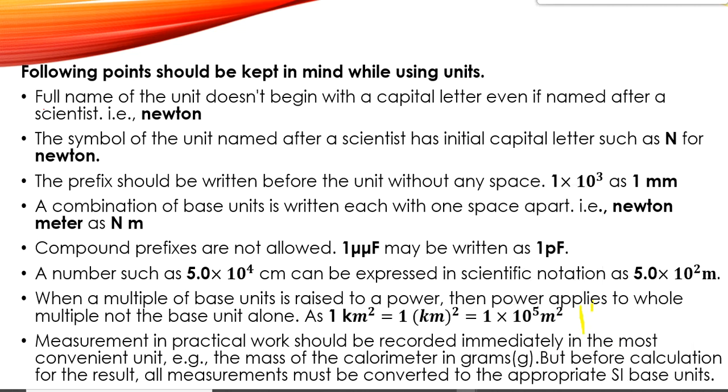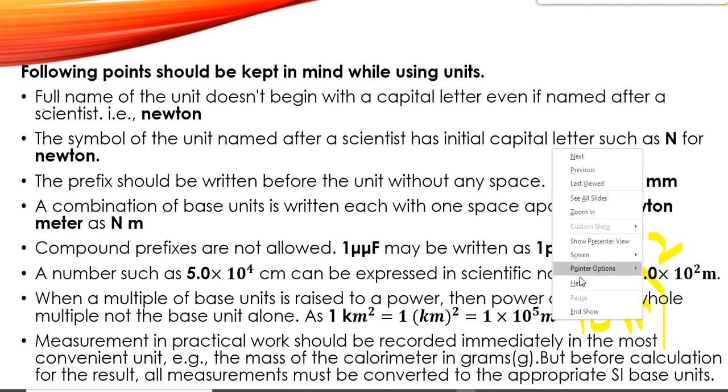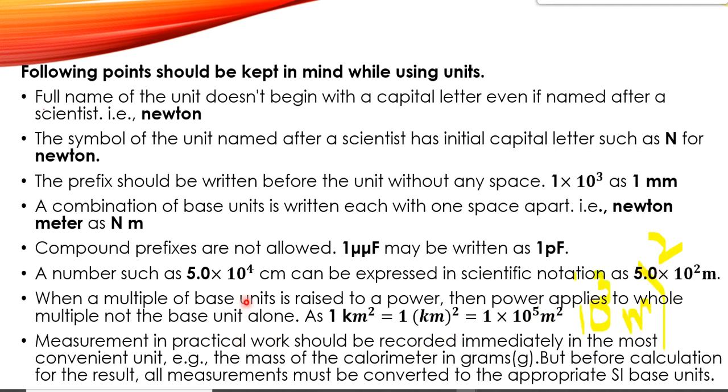You can say this is a 10 and this is 3. 3 means the kilo, and this is the meter. When we square them, we will write 3 plus 2 is 5 and meter plus 2, meter square. So it will become 5 and meter square. So this is actually the example of this point.